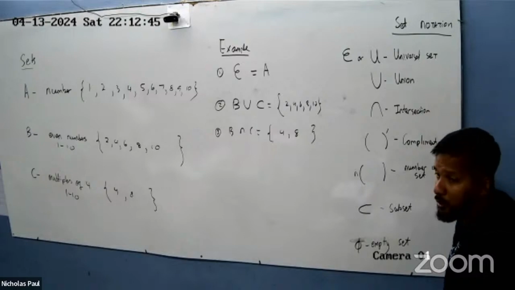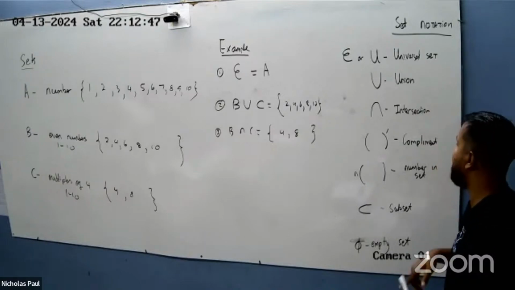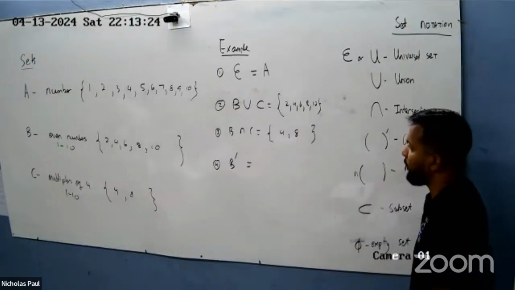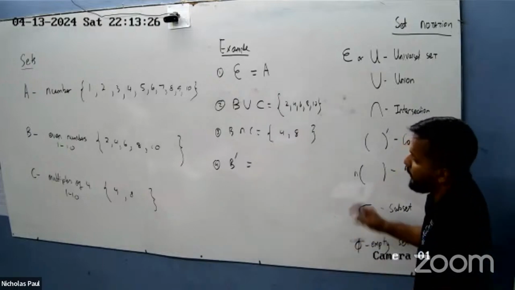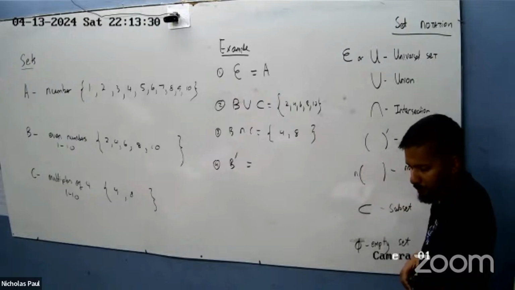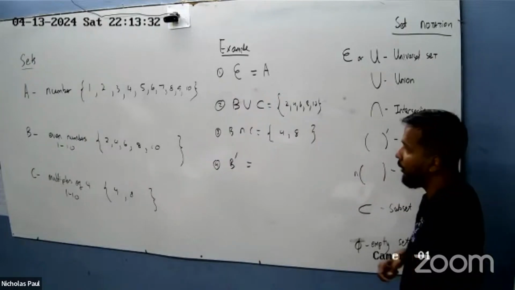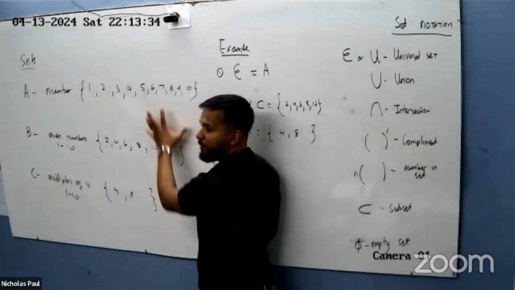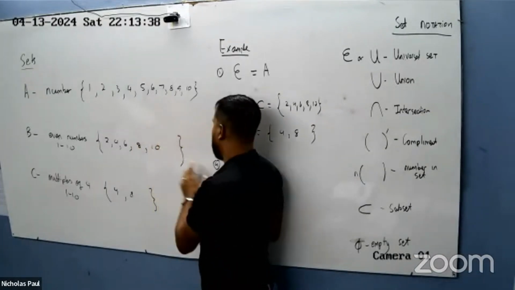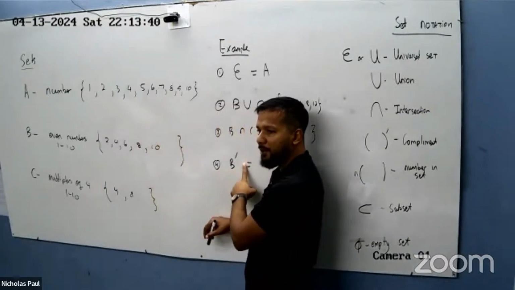Complement now, right? Complement is all the elements, write this one down, all the elements that do not belong to the set, but belong to the universal set. All right, so what's the universal set in our example? A, right? So what is B complement?